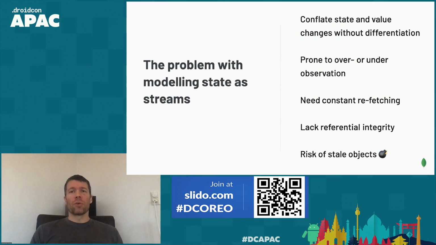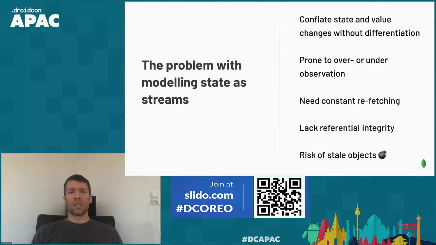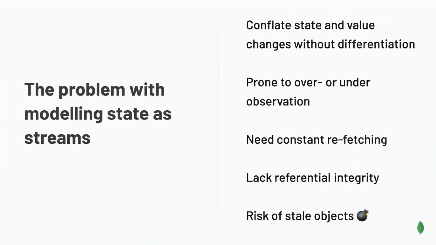So to sum up, the problem with modeling data streams is that it conflates state and value change without difference. It's very prone to over- and under-observation. You need to constantly refetch objects to make sure you have the latest versions. Something I didn't really get into is that it also lacks referential integrity, which means it's really hard to find the same object again if it's deep down in the object hierarchy.